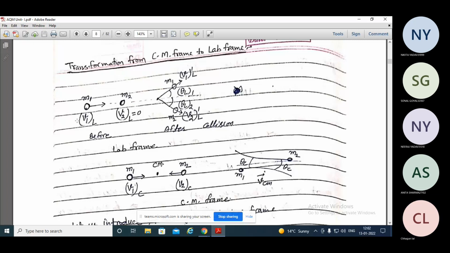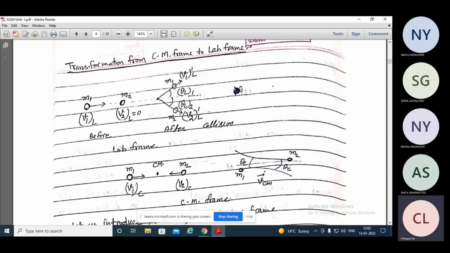So again, let us assume a two particle collision where, before collision, both particles are coming along the x-axis. The first particle has mass m1 and velocity v1L, where L represents the laboratory frame.